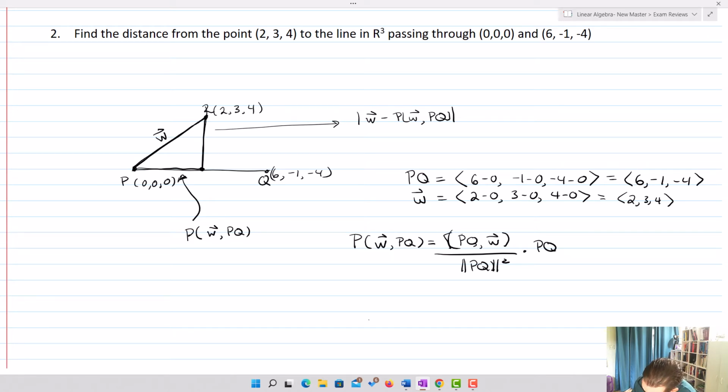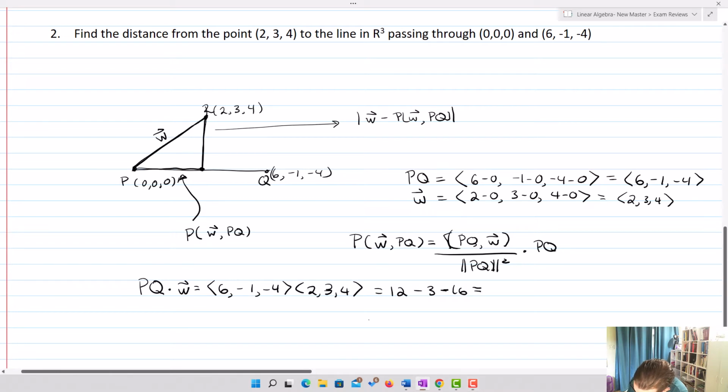So PQ dotted with W is going to end up equaling, we've got 6, negative 1, negative 4, 2, 3, 4. So this is going to be 12 minus 3 plus 16. So we're going to get 12 minus 3 minus 16, and that's positive 9 minus 16, so it's going to end up being negative 7.